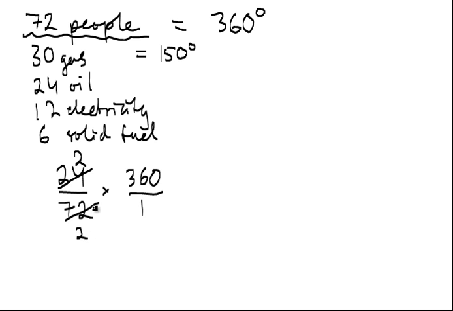I'm going to divide it by 2. So we have 12 and 36. Same thing again, we can simplify here. We get 10 left. 12 times 10, 1 times 1. So 12 times 10 is 120 degrees.